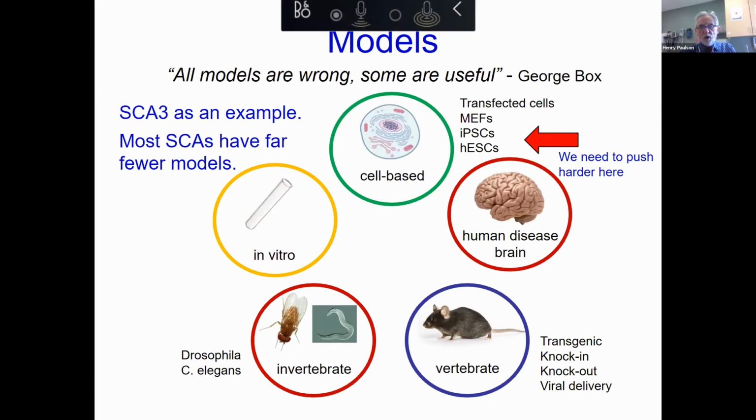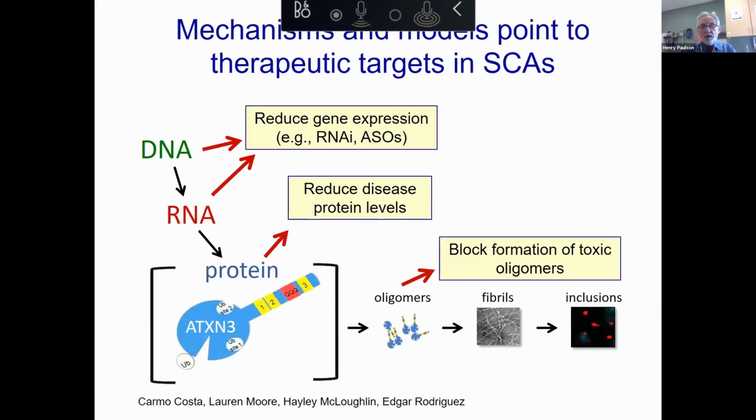Making mouse models for all of these is going to be pie in the sky. We can't go there. Yes, we can use Drosophila and nematode to look at these mechanisms, but ultimately we need to look at human cell models as well.